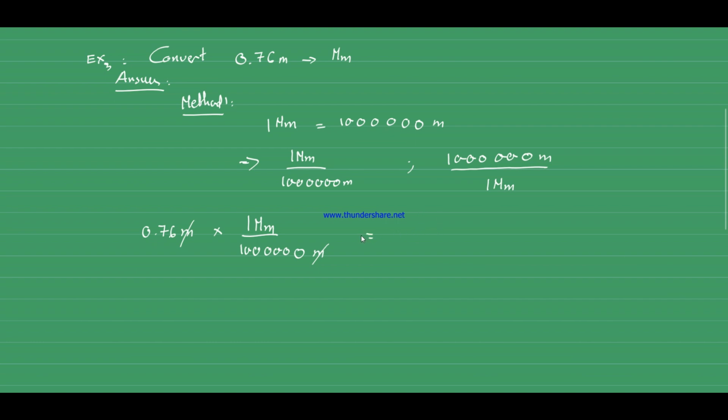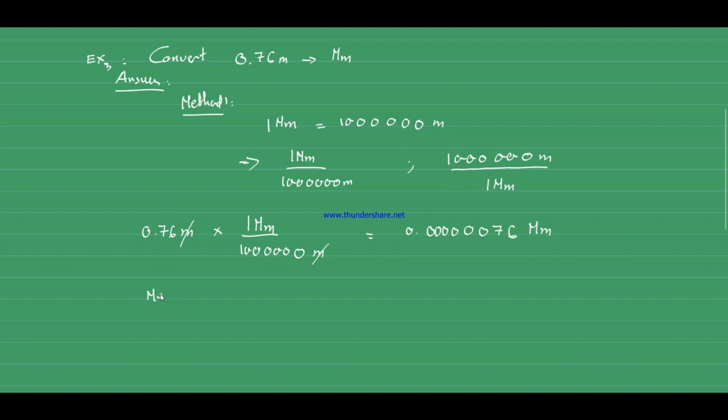So you end up with 0.00000076. Oh, there's another zero. 1 2 3 4 5 6, 1 2 3 4 5 6. So that's the answer in megameters.